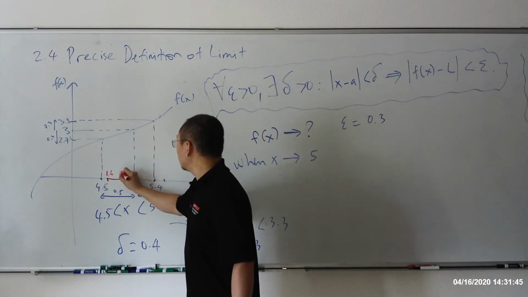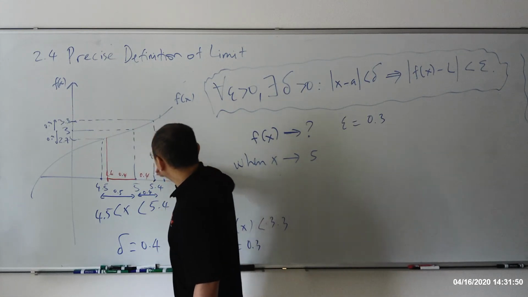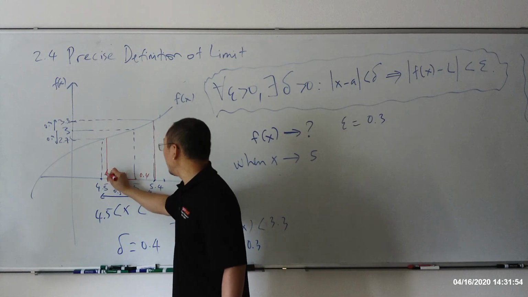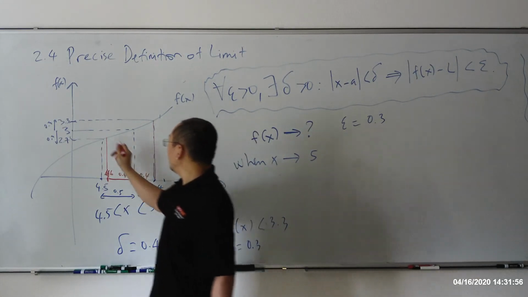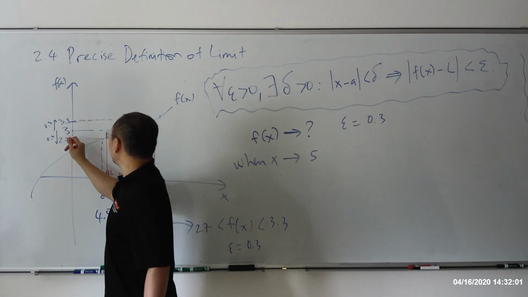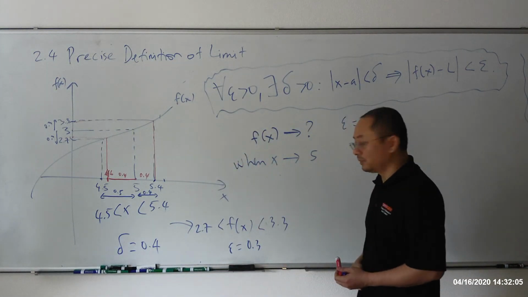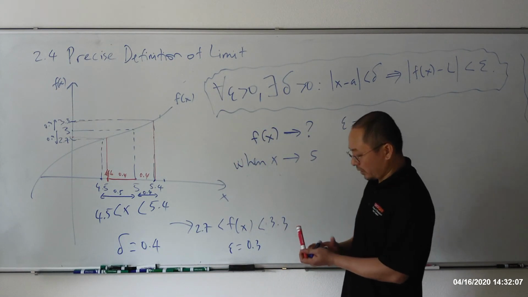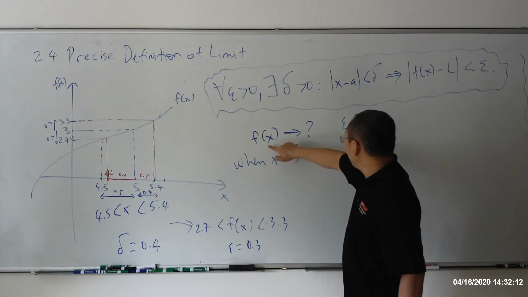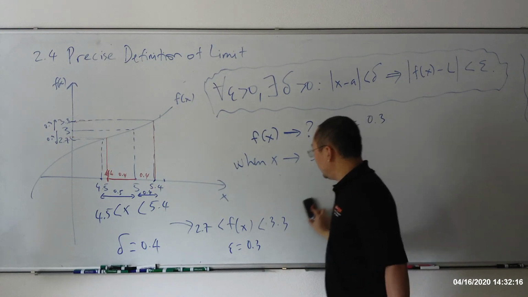This is 0.4 away, and we plug in any value of x between 4.6 all the way to 5.4, and we're going to have the output f of x somewhere between 2.7 all the way to 3.3, and that will satisfy the condition. So in this particular example, we want to approximate the value of f of x when x approaches 5 with the error of 0.3. The answer is this.